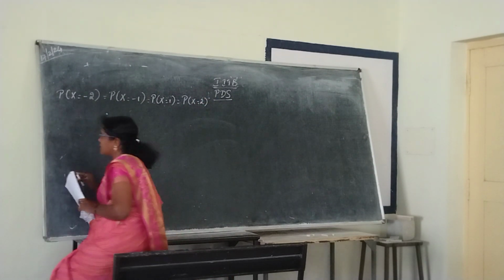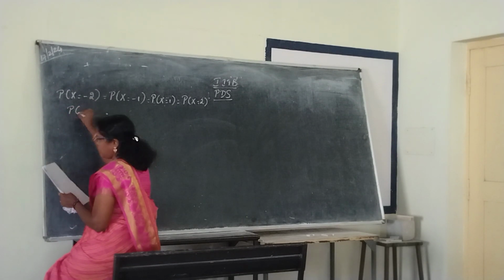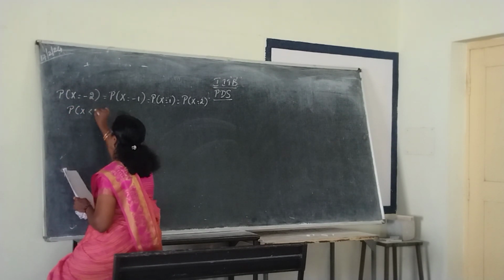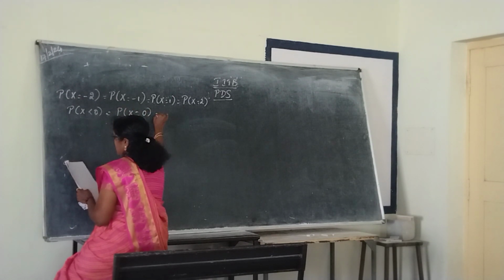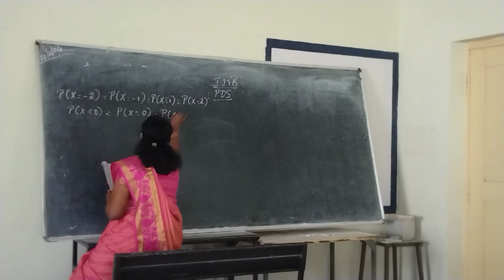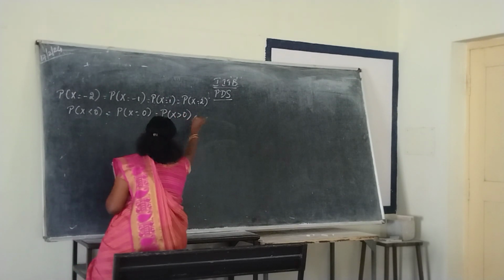One more condition: probability of X less than 0 is equal to probability of X equal to 0, which is equal to probability of capital X greater than 0.